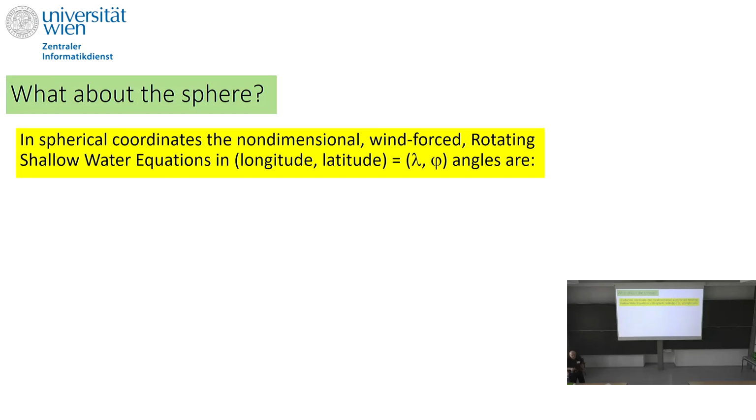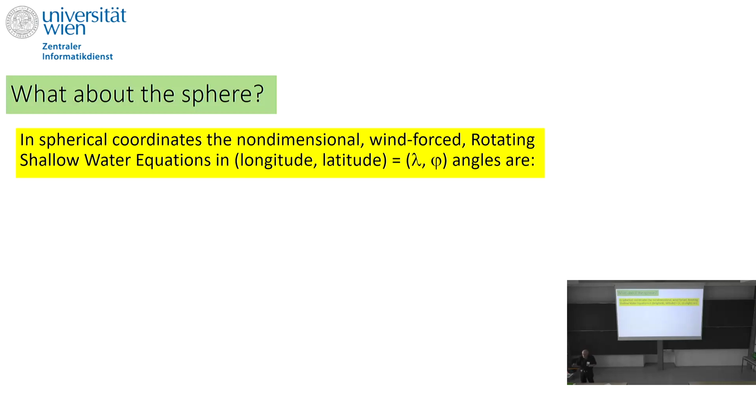And on a sphere, you actually work with two angles. The longitudinal angle, which in oceanography, meteorology and geography we denote by lambda, for longitude, L in Greek, and phi is the latitude, which goes from 0 to plus or minus 2 pi.